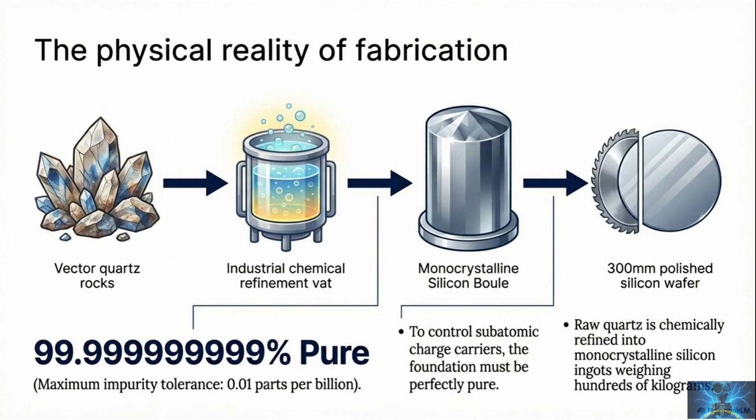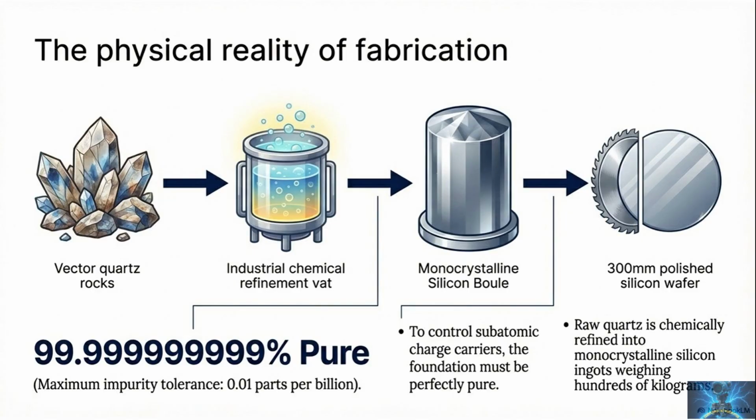The physical reality of fabrication. This is the wild part. Microchips start life as ordinary quartz rock. Industry chemically refines that into ultra-pure silicon and grows a monocrystalline silicon boule. That boule is sliced into polished wafers, commonly 300mm wafers.